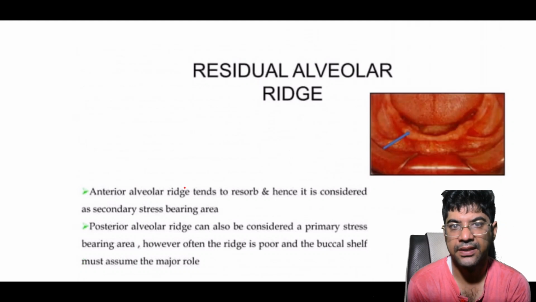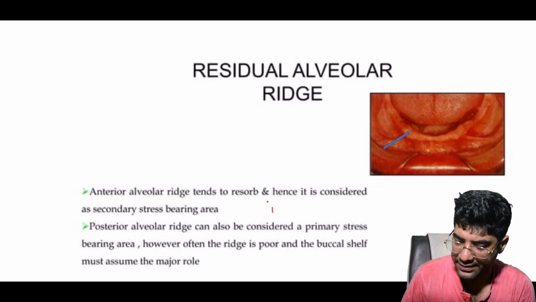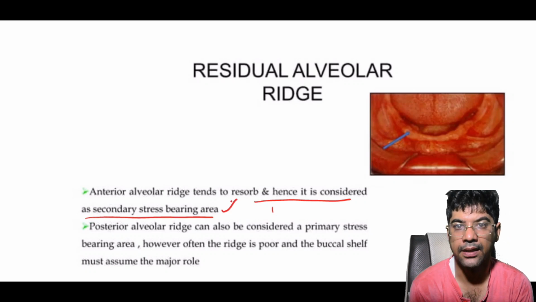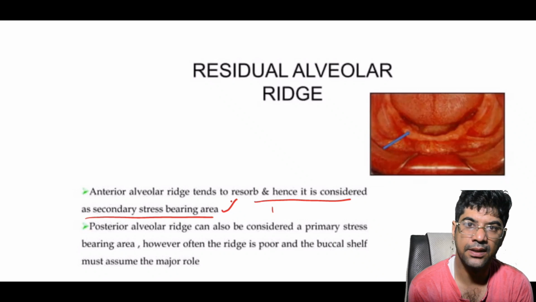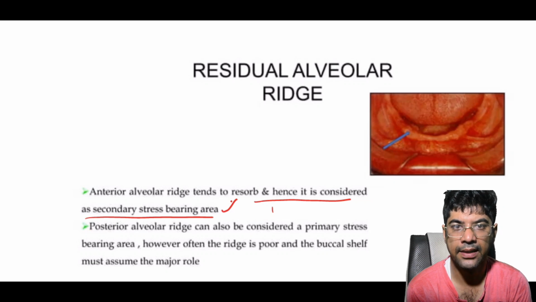The residual alveolar ridge is the area of bone that remains after tooth extraction, and it is therefore considered a secondary stress bearing area. The ridge can become flat and concave over time, affecting the fit and stability of the denture. Proper contouring and adaptation to the ridge are essential to maintain denture stability and comfort.